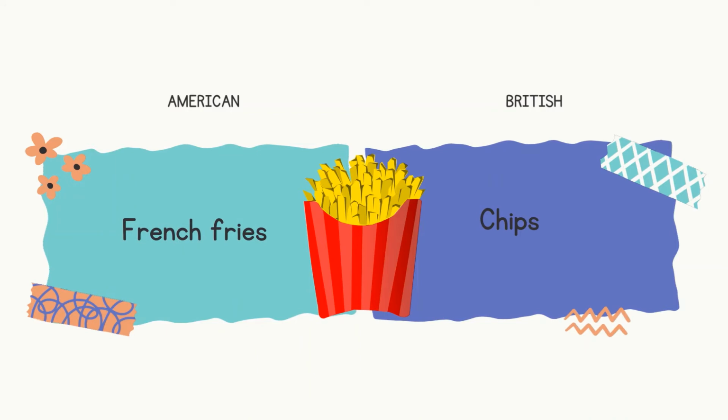Okay, now the food item which McDonald's gives along with your burger in American English is known as French fries or simply fries, but in British English, that food item is known as chips, not the food item which is made out of potatoes and is given by Lay's company.